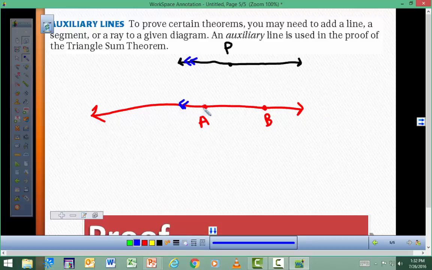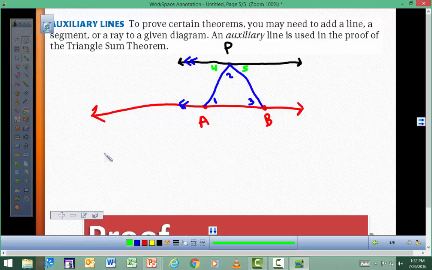Well, now you notice that we could create a triangle. So there's our triangle like that. So here's angles 1, 2, 3. Now we're going to add in just a couple other angles here, 4 and 5.